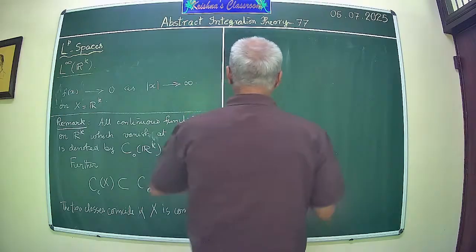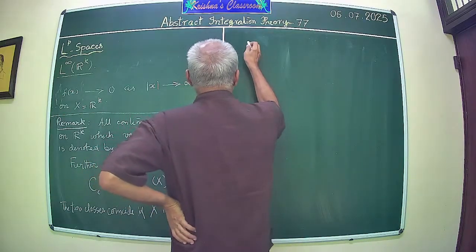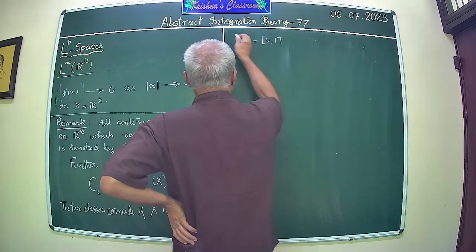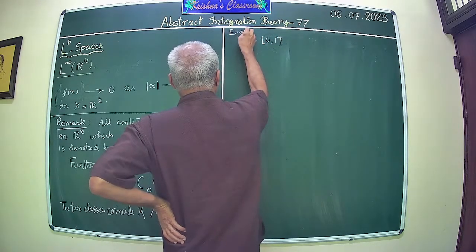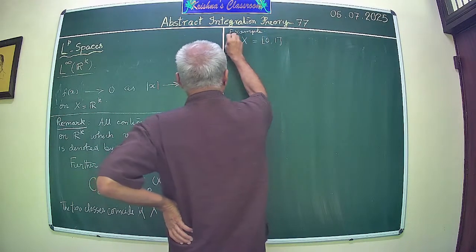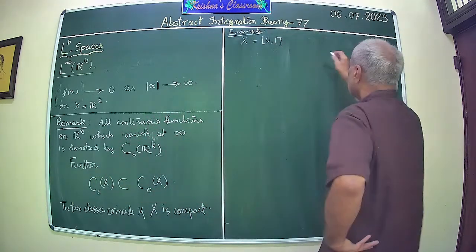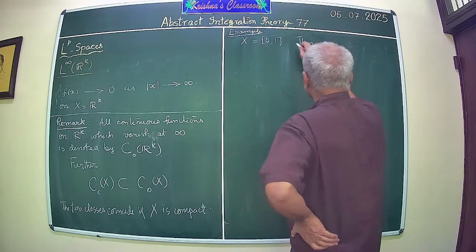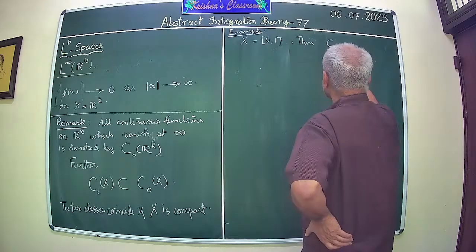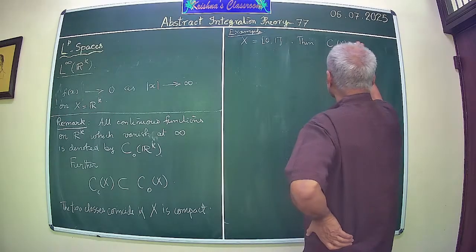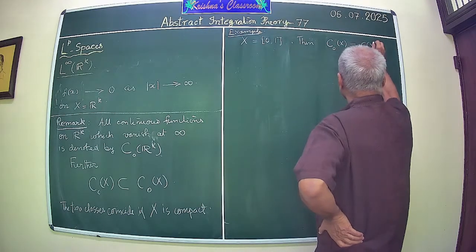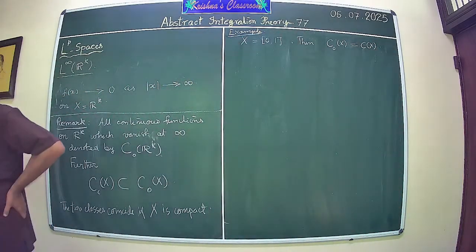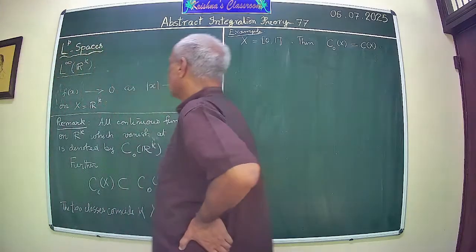You take X to be a closed interval, in this case that is C_0, okay, right?